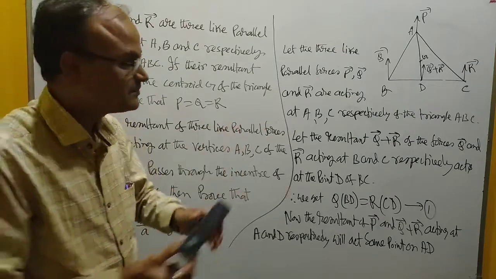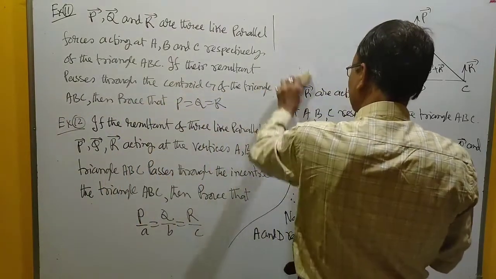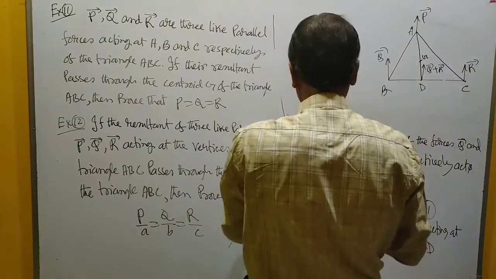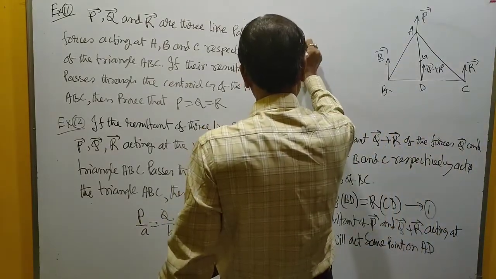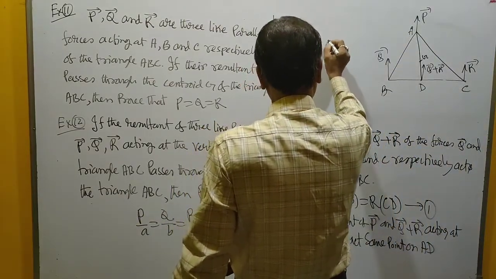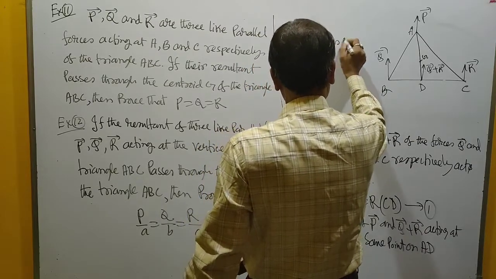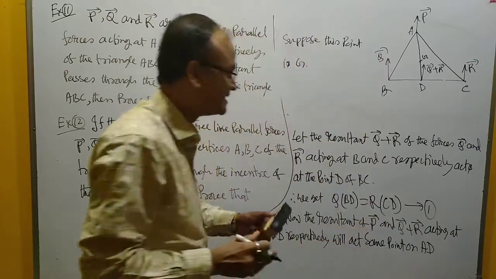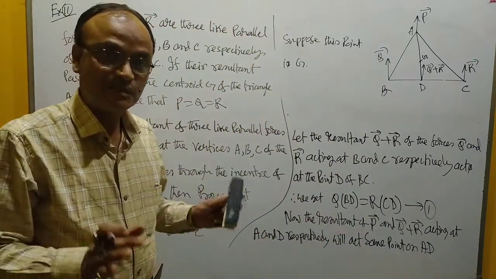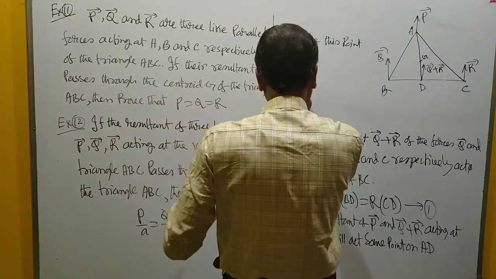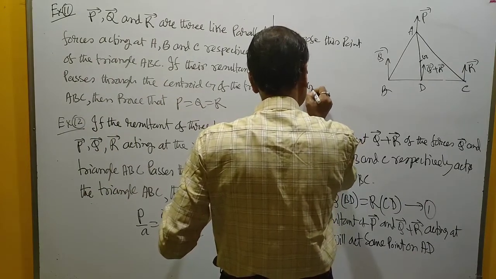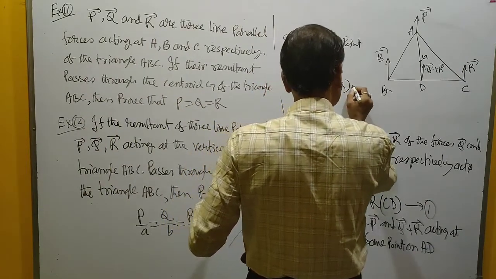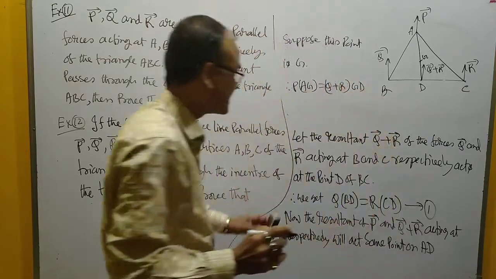Suppose this point is G. G is a point on AD. Therefore, P into AG equal to Q plus R into GD.